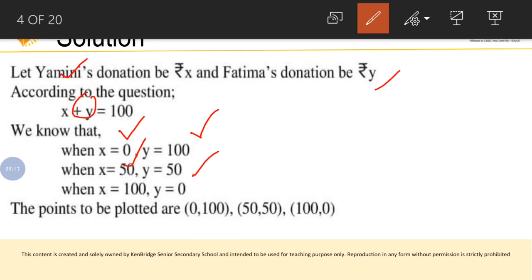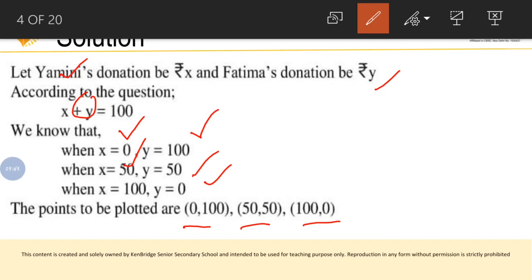That also is a possibility. And the next one, Yamini may give 100 rupees and Fatima may not give anything. That also satisfies the condition. So these are the possibilities: 0, 100; 50, 50; and 100, 0. These are the points which are going to be plotted on the graph.